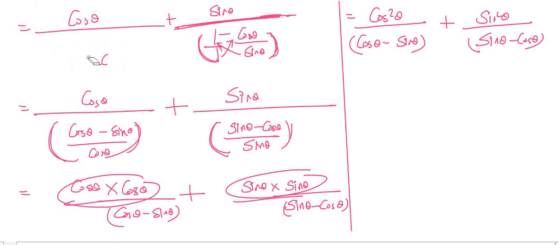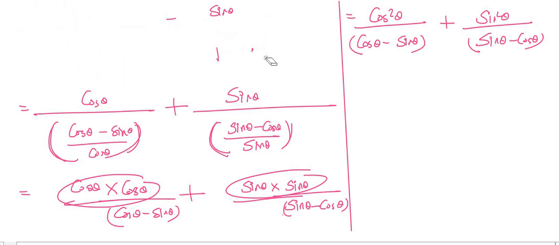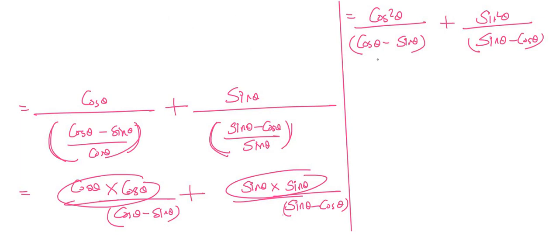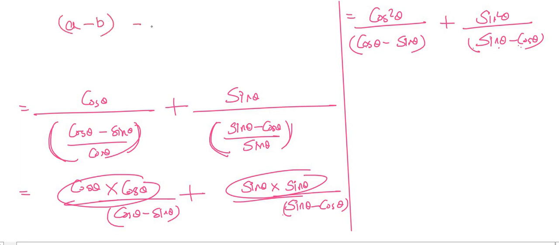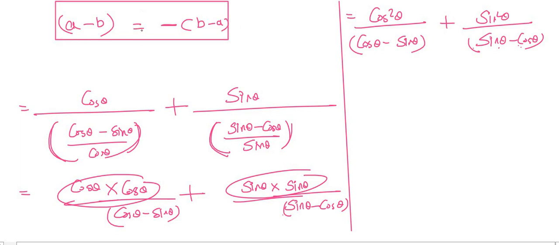We see one pattern: they look similar, cos minus sin and sin minus cos. They are similar but not the same. So the formula is that a minus b can become minus of b minus a. This is an algebraic identity. Means we can flip if we put a minus in front. So I will try that here.